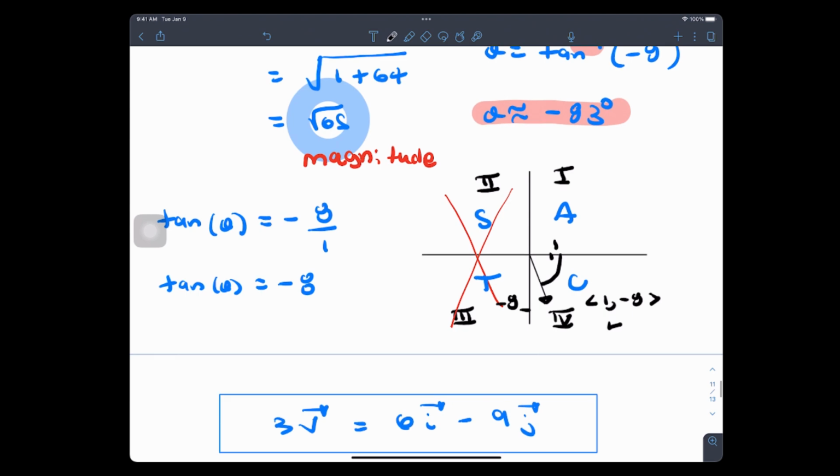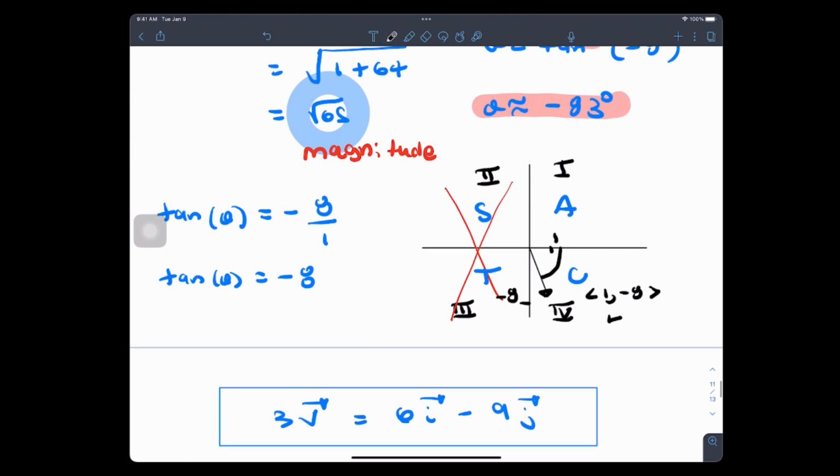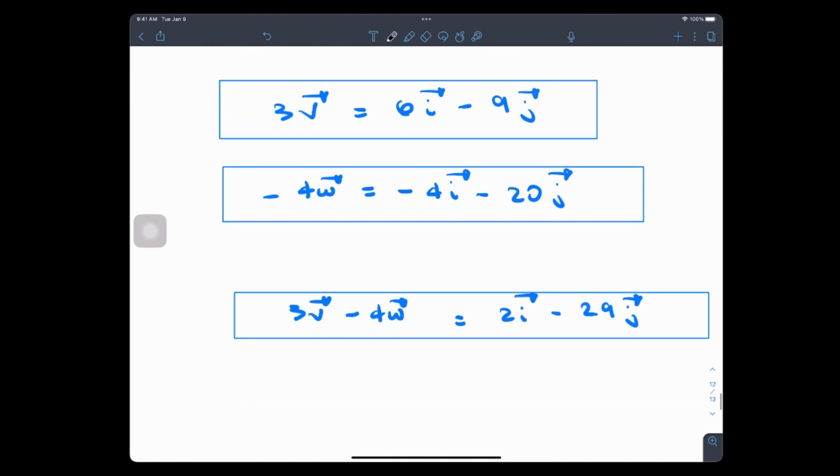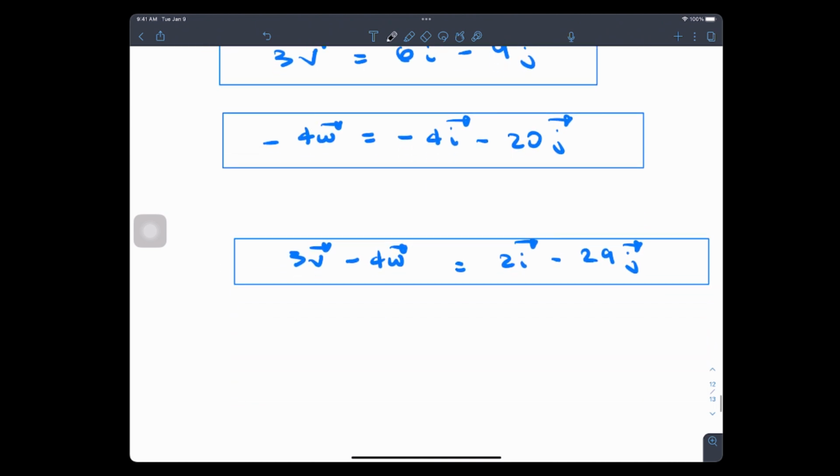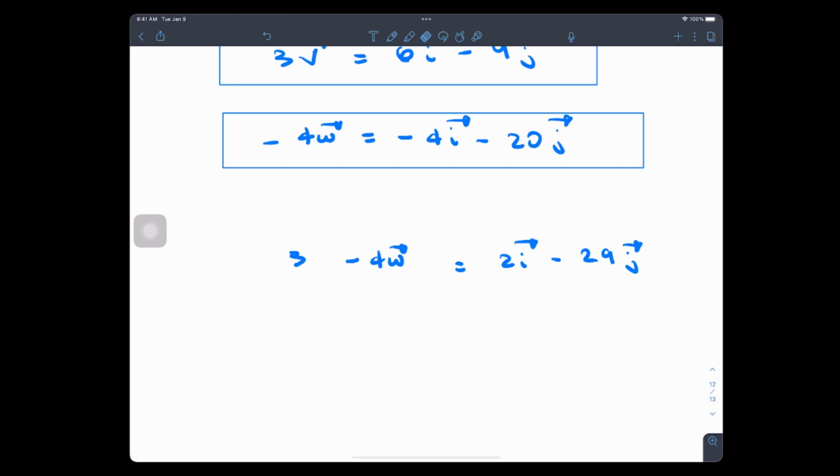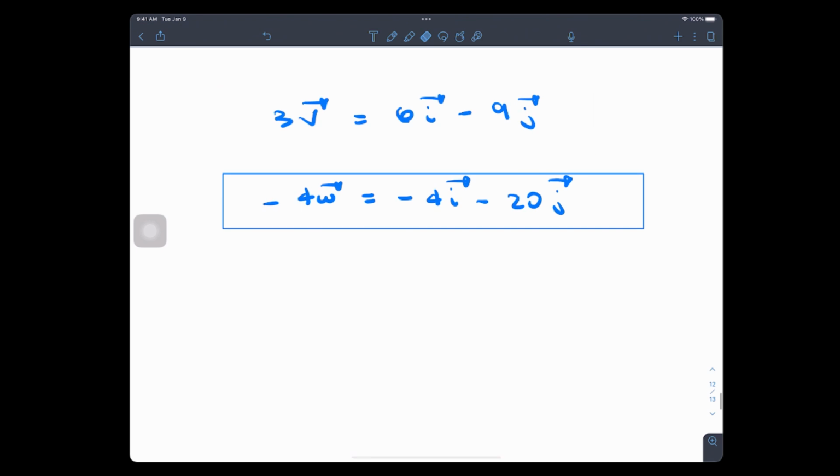But I want you guys to make the following observation here. I'm going to go to this vector right in here. Okay, I'm going to erase this to illustrate to you guys an important detail and an important point.